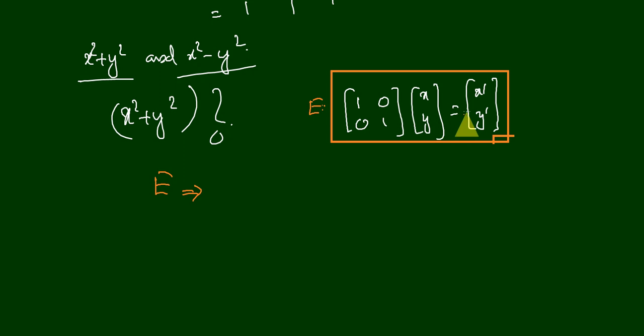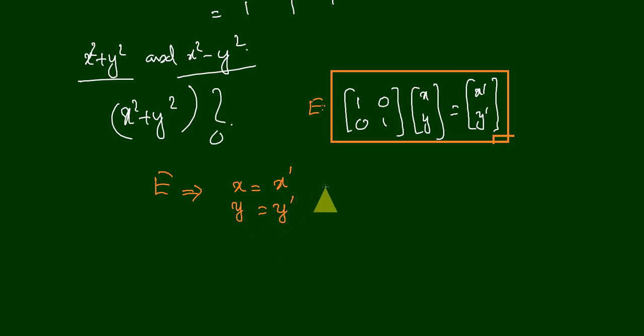This matrix can be written as two equations: x is equal to x dash and y is equal to y dash. These are the two equations we get from this matrix. So x transforms as x itself, and y transforms as y itself. This is what we can understand from here.